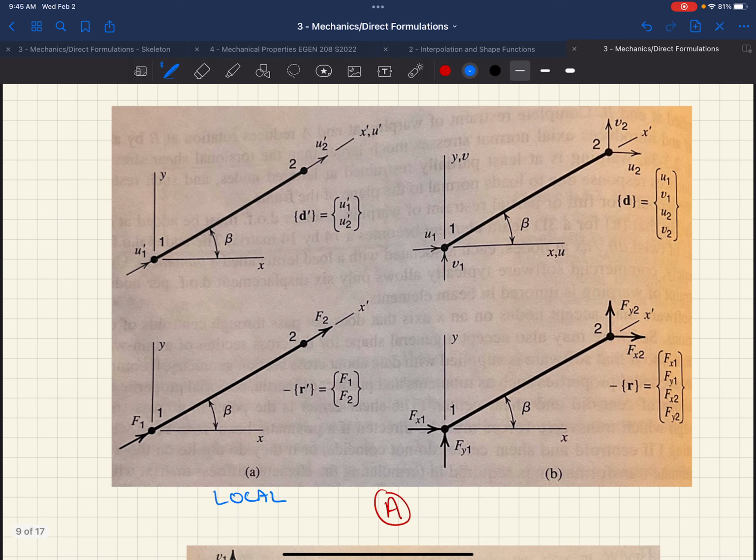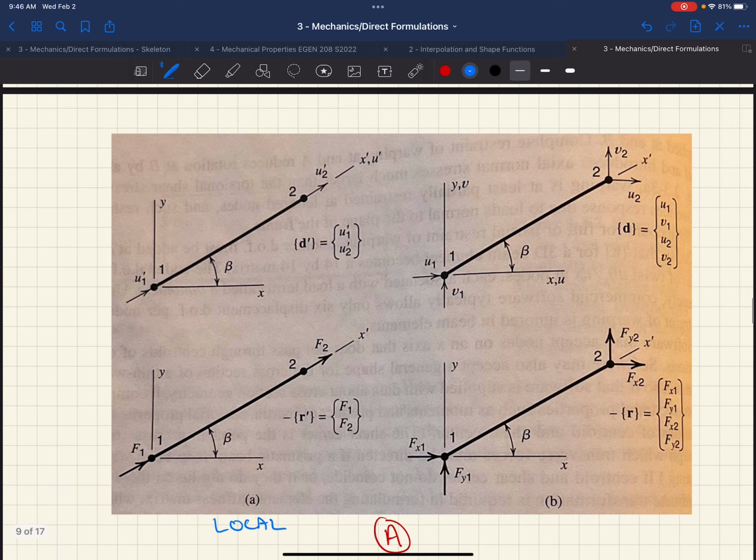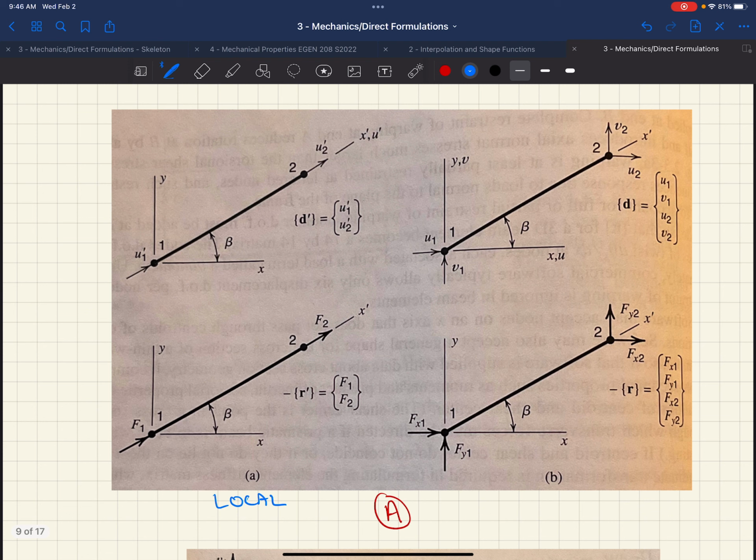If we were to translate that to a global or a common coordinate system, we're going to have components of each of those forces and deformations with respect to now this common coordinate system. So now f2 becomes fx2 and fy2.